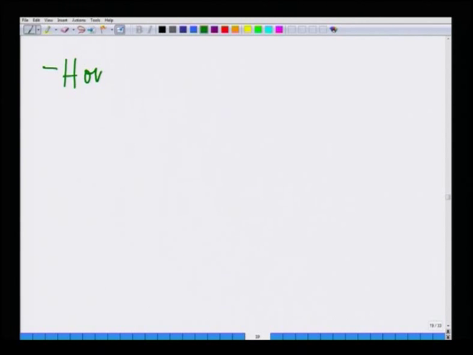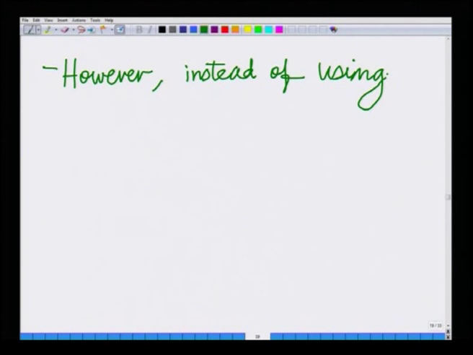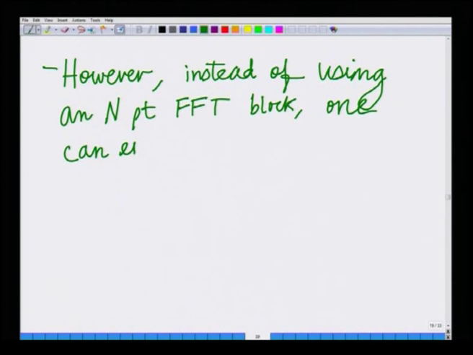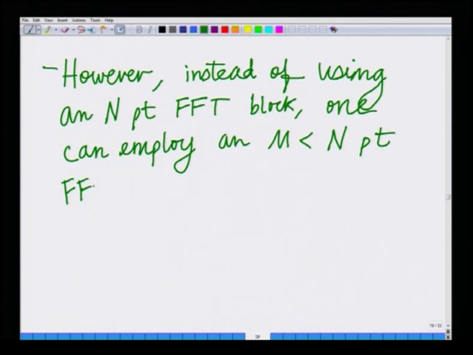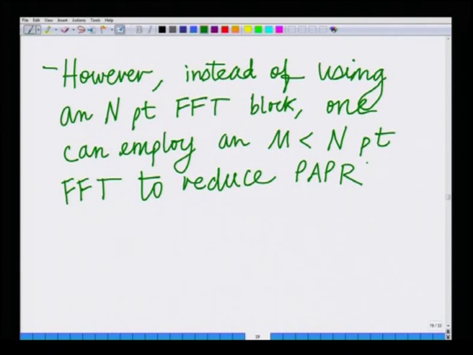However, instead of using an N point FFT block, one can employ an M less than N point FFT to reduce PAPR while still retaining properties of the OFDM system.